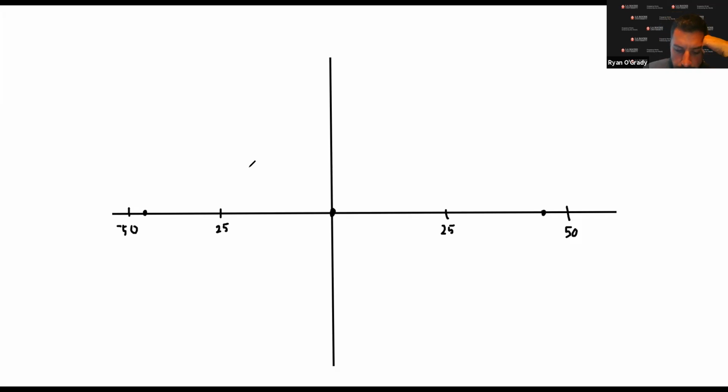And then I need to make my vertical scale so that this thing makes sense. So perhaps I'll make this, I don't know, say 10,000. And then down here, I'll have negative 10,000. Now, why am I choosing that?